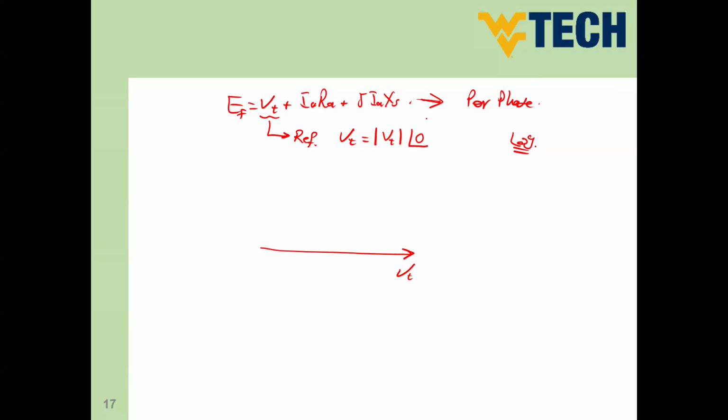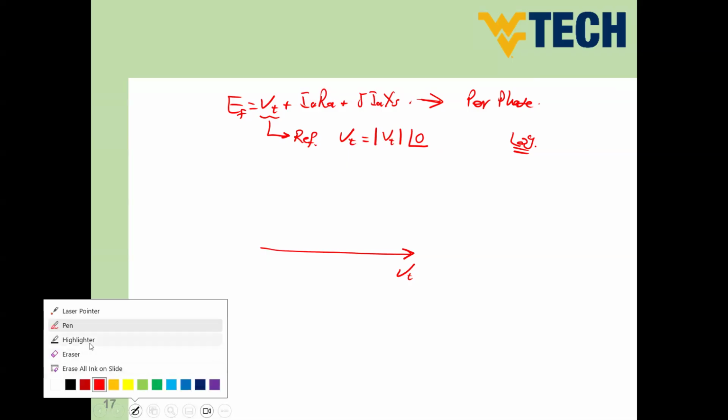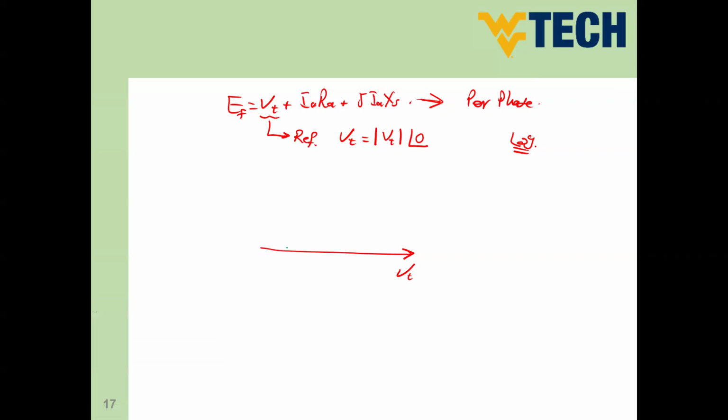You cannot add current to volt, correct? So I'm going to draw the current just as an indicator of the direction of the current. It's not a part of the equation. Let me have it in a different color. This is the armature current, and for sure, the angle here is phi, which is the power factor angle.